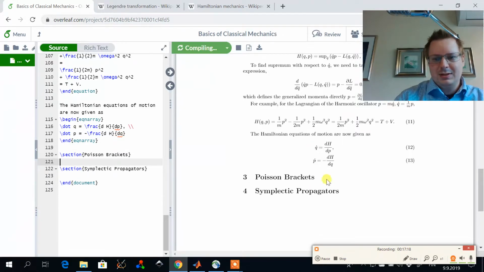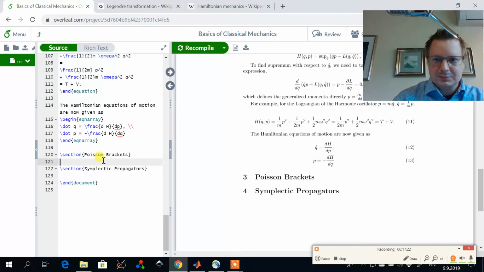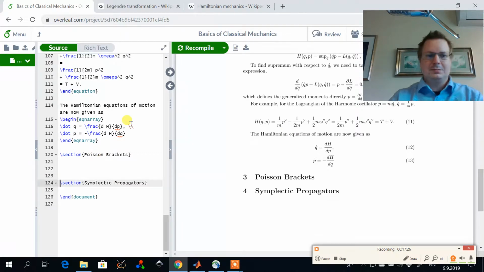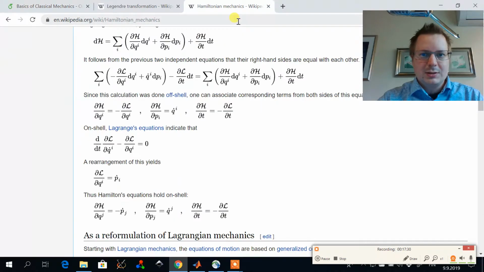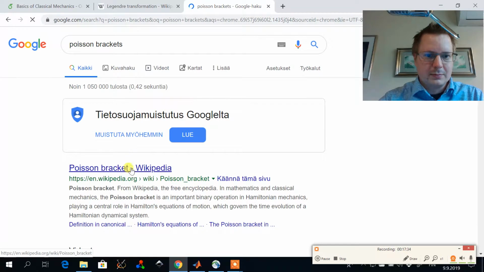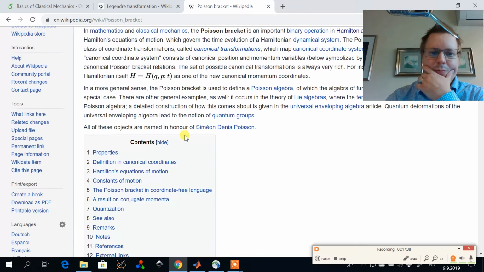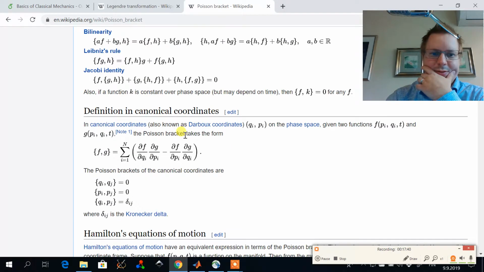The main point is that these depend on the first derivatives now, and then we can introduce the Poisson brackets. This will give us a nice notation for the system.